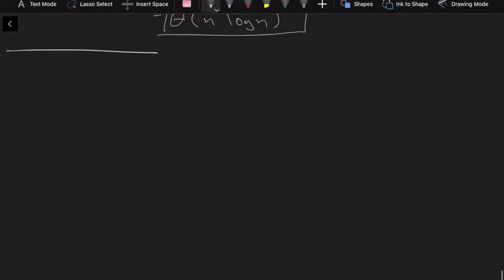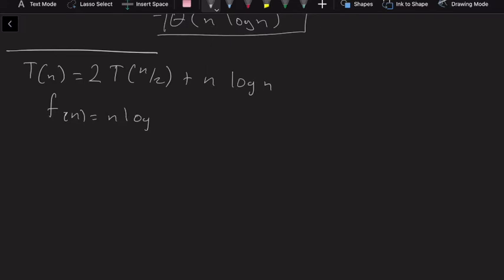Now, let's do one last example that is going to point out that issue with the epsilon. Let's say we have a runtime that is T(n) = 2T(n/2) + n log n. Now f(n) is n log n, and n^(log base b of a) is n^(log base 2 of 2), which is just n.